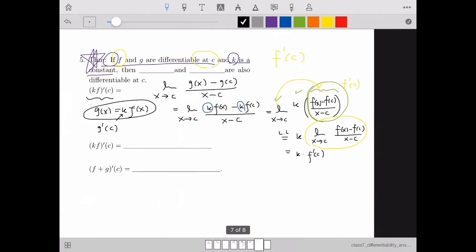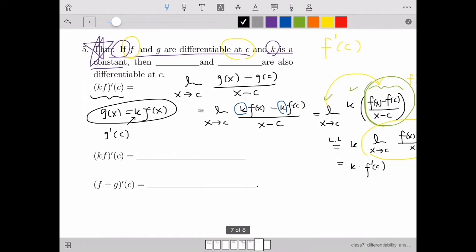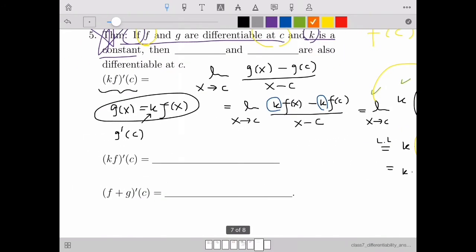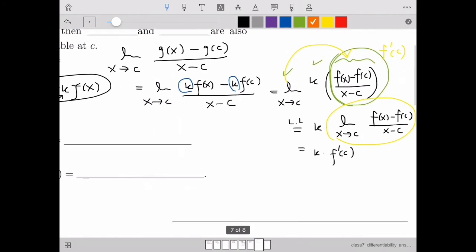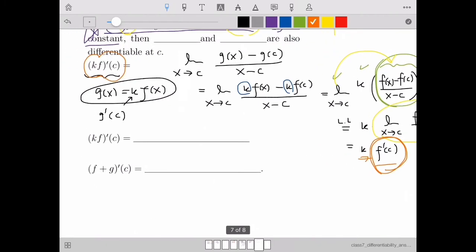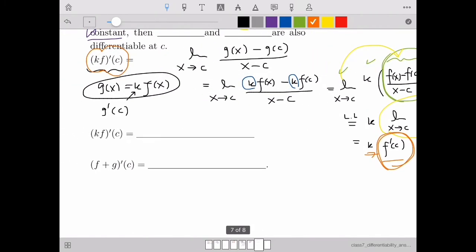So what we have achieved is the following. If I have a constant multiple of a function, then the derivative at c is nothing but the derivative of f at c computed, and then multiply by the constant. So k f prime at c is k times f prime of c.